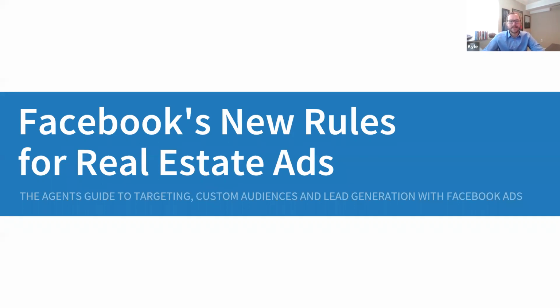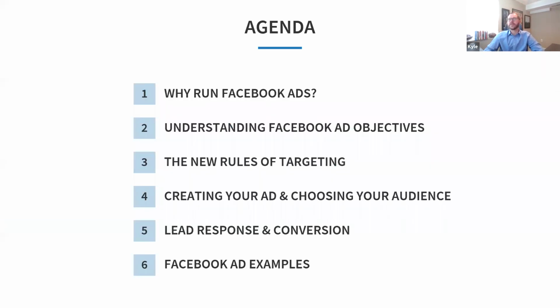So today's objectives are really going to be, why are we running Facebook ads? Understanding what the objectives are that Facebook ads have, which we'll go over and define a little bit better. The new rules of targeting, in case you guys don't know, things kind of changed a couple years ago, 2018, I believe.